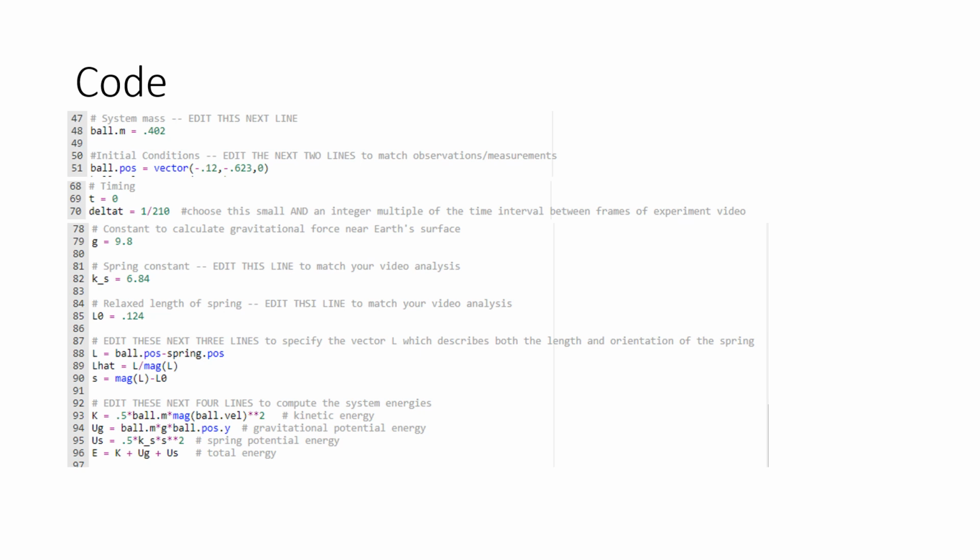Then we put in the gravitational force near the surface, the spring constant, which was 6.84, and L naught, the relaxed length of the spring, which is 0.124. And then we put in the length of the spring as time passes, the L hat, and then we calculate S, which is the magnitude of L minus L naught. Below that, we have the code for the kinetic, gravitational, and spring energies, and then E is equal to the sum of all the energies combined.